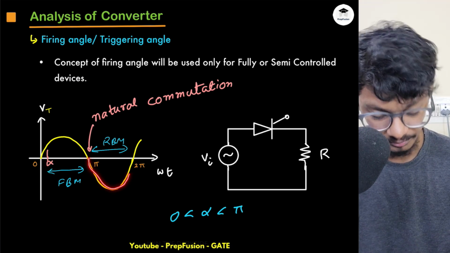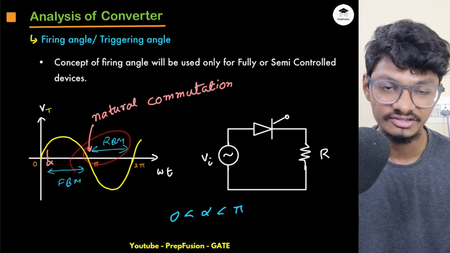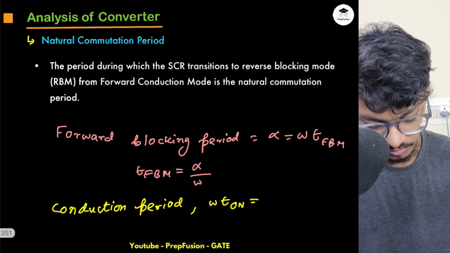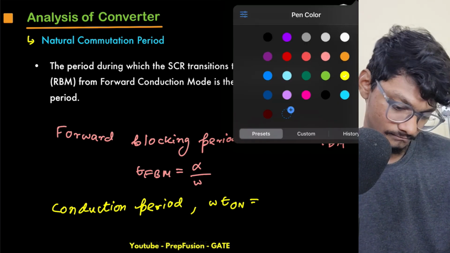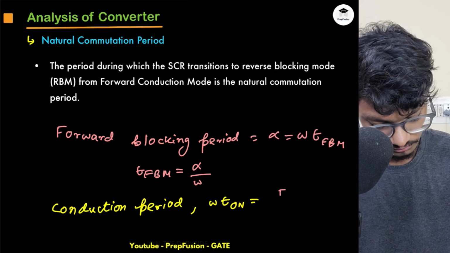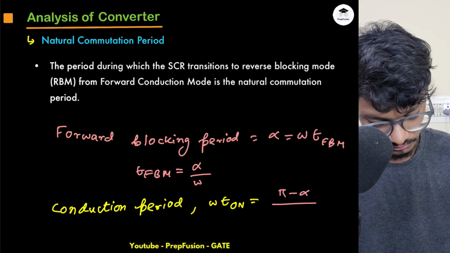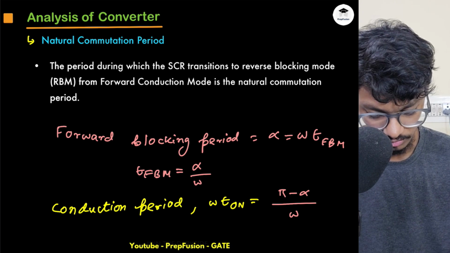After that it will be naturally commutated because it will be in reverse blocking mode. So here it will be pi minus alpha to omega.